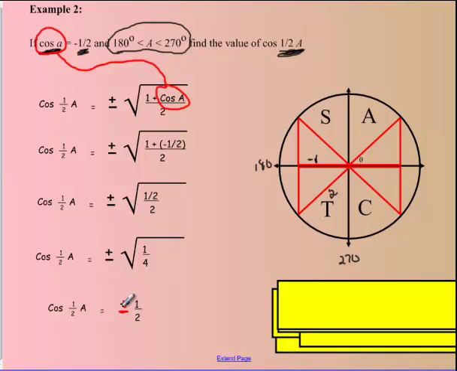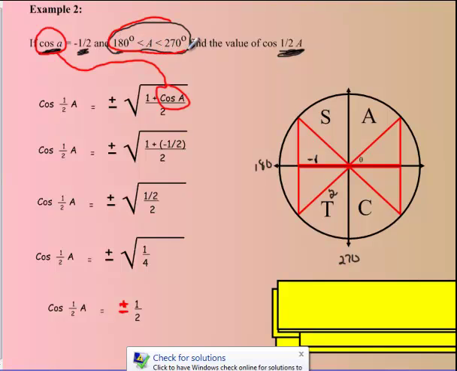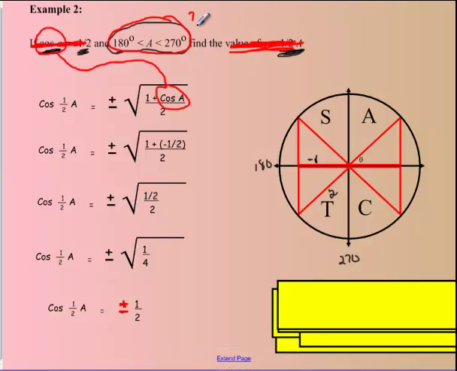But once again, the trickiest part here, is it a negative 1/2 or is it a positive 1/2? And that's where this quadrant information is used. See, we used this part of the problem. How is this information used? Well, if A is in quadrant 3, then where would half of A be? Well, I'm just going to do the math. I was in quadrant 3, which is between 180 and 270.